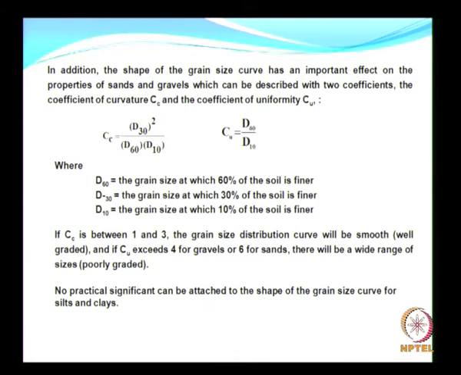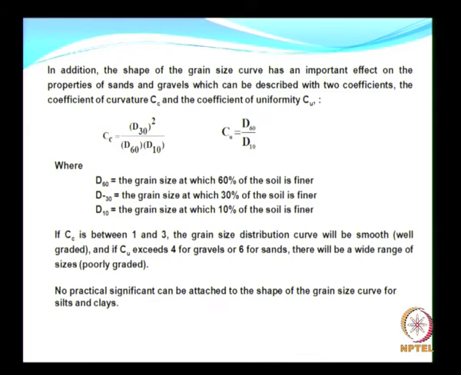The coefficient of curvature is given by this expression: d30 squared divided by the product of d60 and d10. And you have the uniformity coefficient as the ratio of d60 by d10. What is meant by d60?